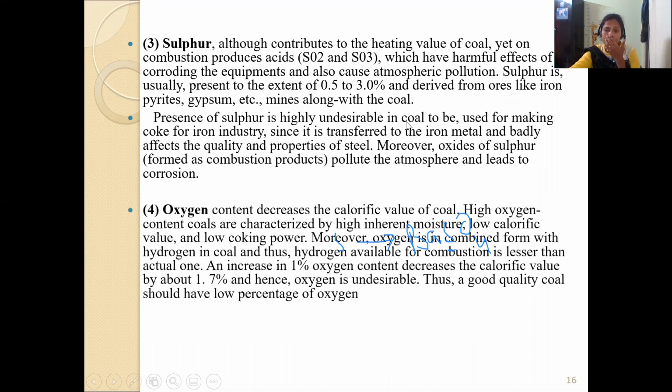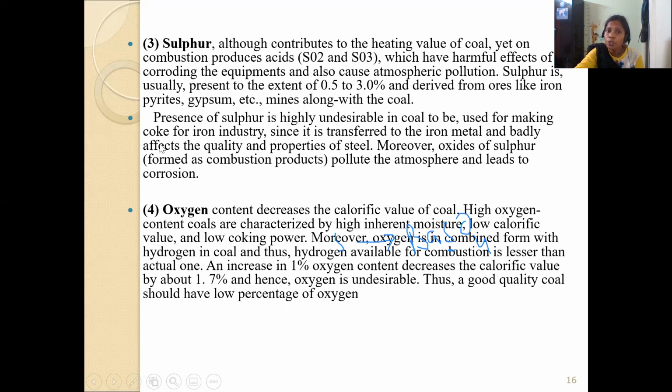Now let us see the significance of sulfur and oxygen. Although sulfur contributes to the heating value of coal, on combustion it produces acids. That means when sulfur undergoes combustion, it produces acids which have harmful effects of corroding the equipment and also cause atmospheric pollution. Because of releasing sulfur trioxide into the environment, it increases environmental pollution.